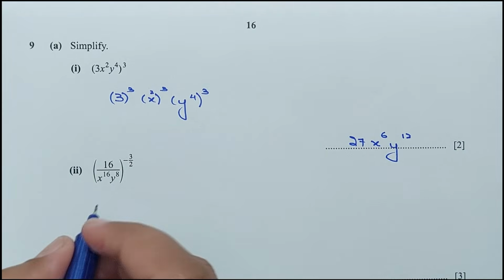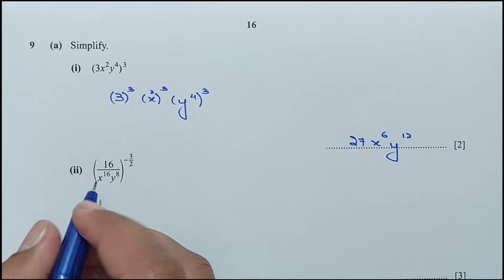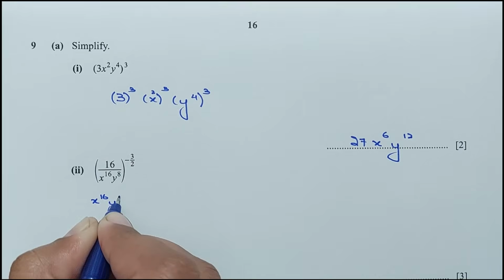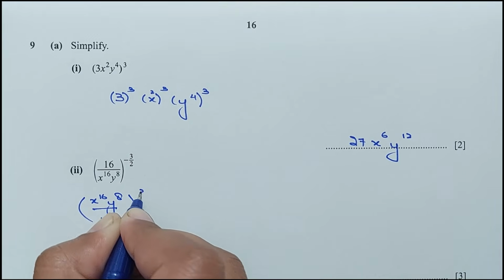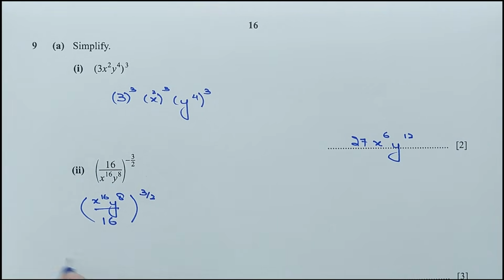Now for the second part, first we have to take a reciprocal to make the positive exponent, which is x 16, y 8 out of 16. Its exponent would be 3 by 2, right? Now x 16, its exponent is 3 by 2. Y to the power 8, its exponent is 3 by 2.